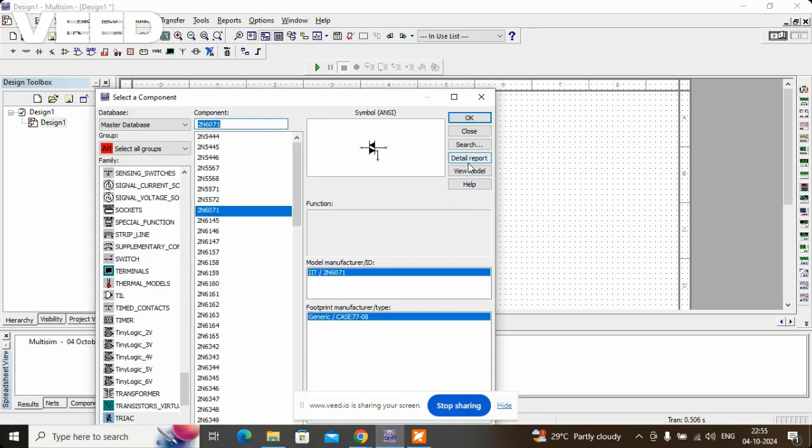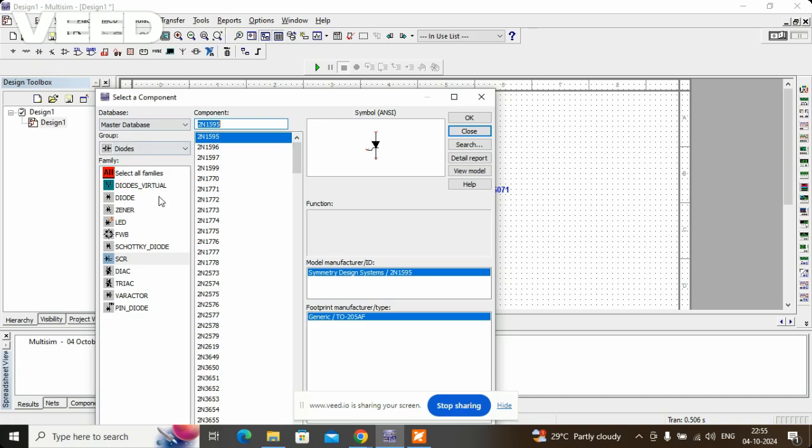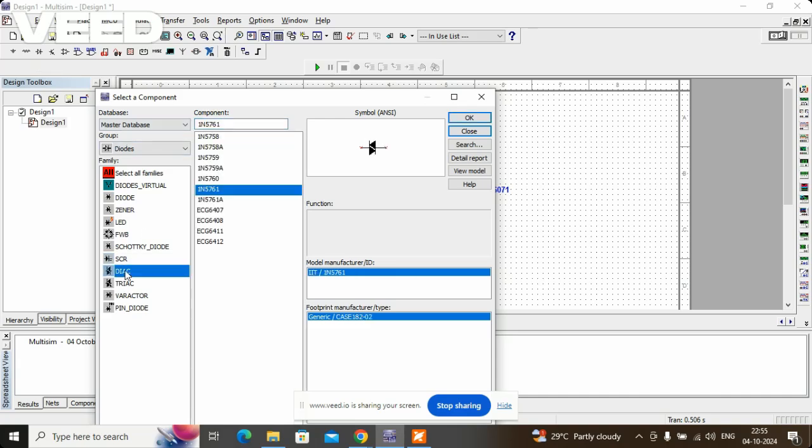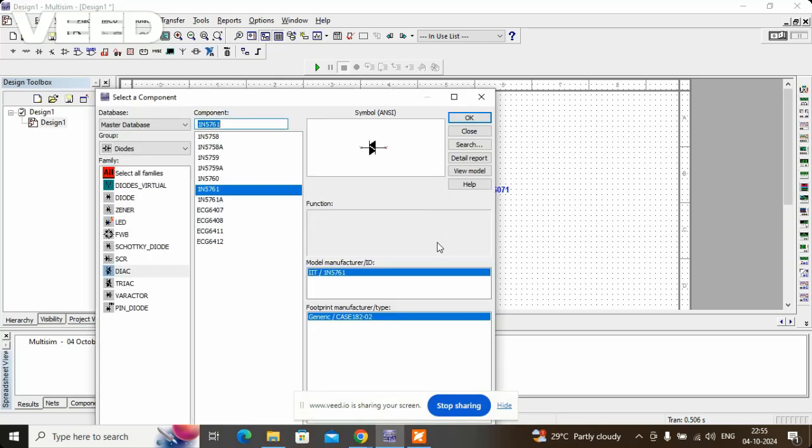A very useful Triac is BT136, which you can also use, but for this particular case we are using 2N6071. And again we are using a Diac, which is basically 1N5761. So the Triac and Diac are connected.